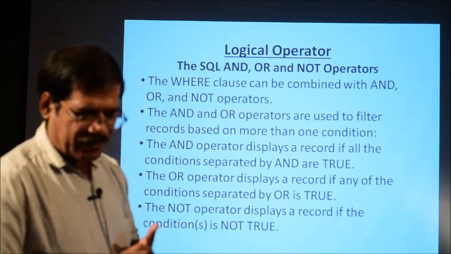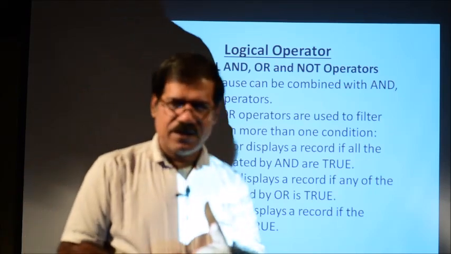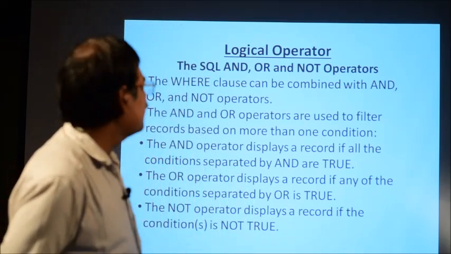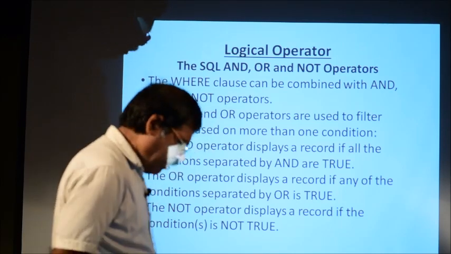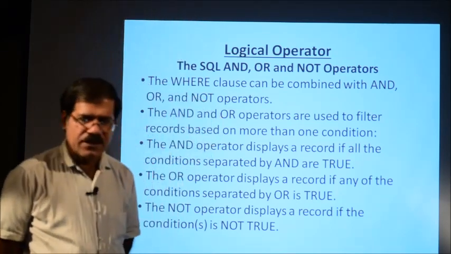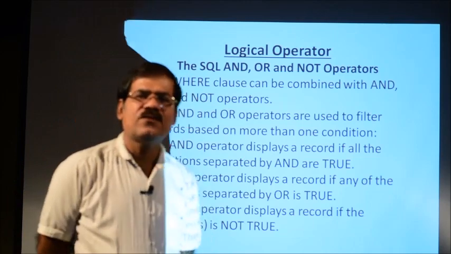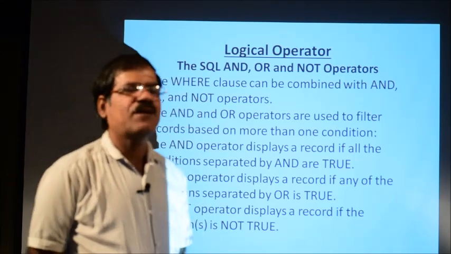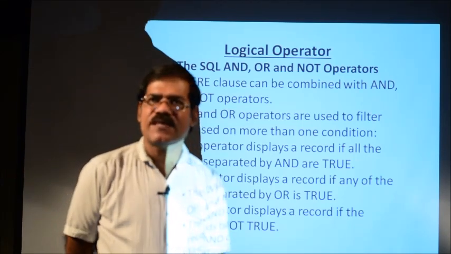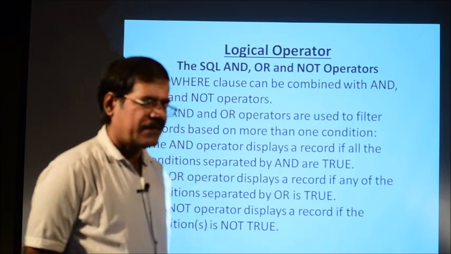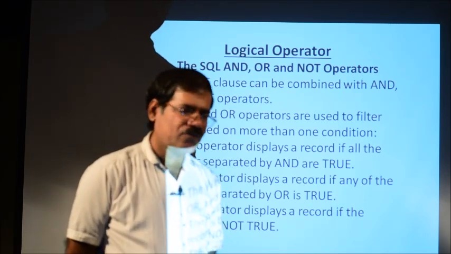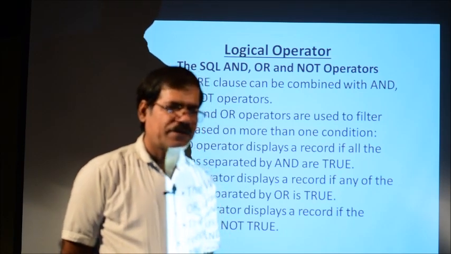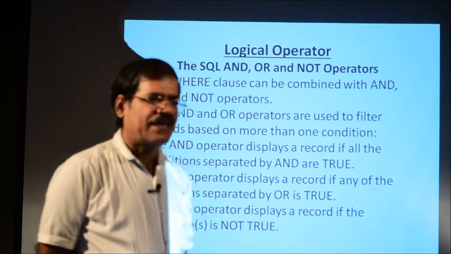So, this is about comparison operators, and the next operators we are using are logical operators. As you know, in a programming language there are different types of operators. In C language there are arithmetic operators, logical operators, relational operators, bitwise operators, comma operators, and special operators.